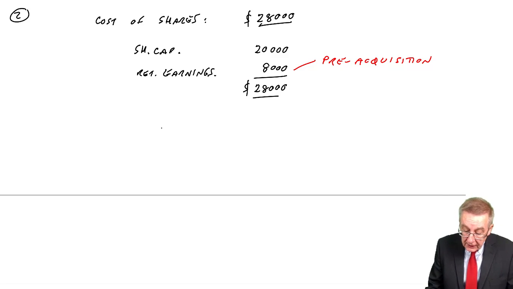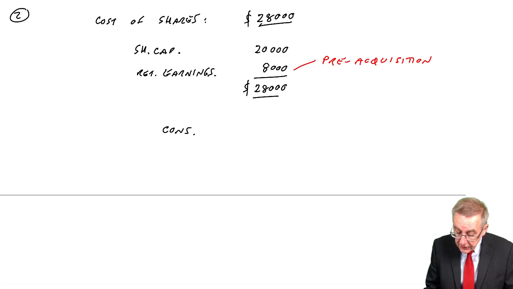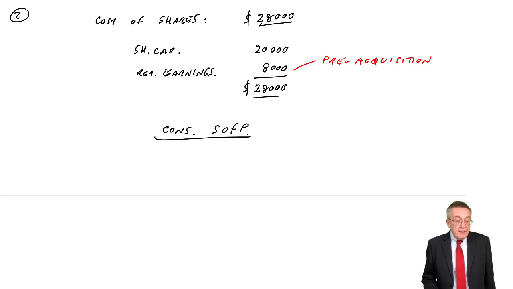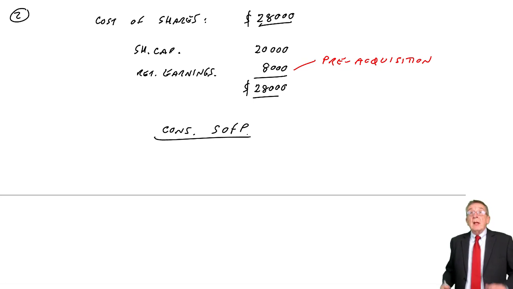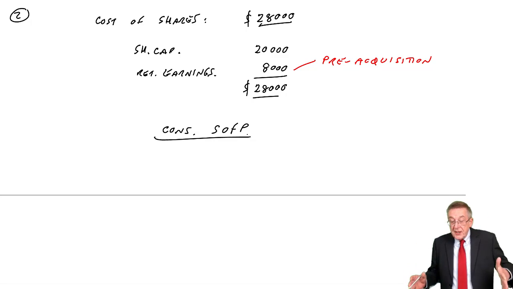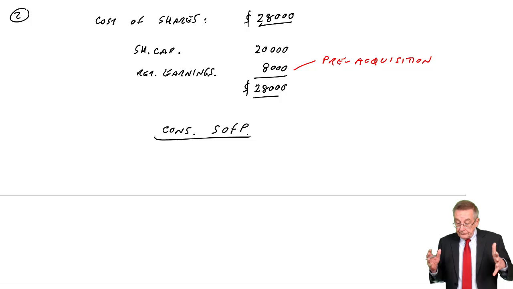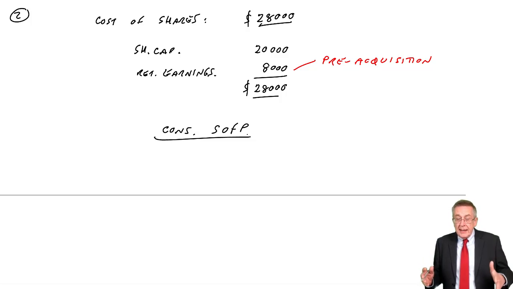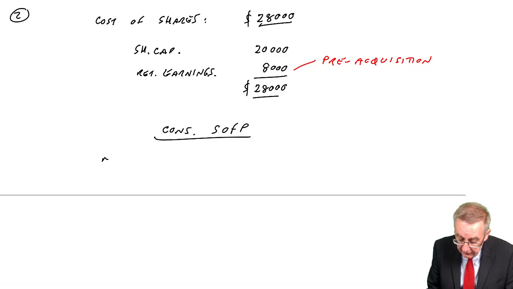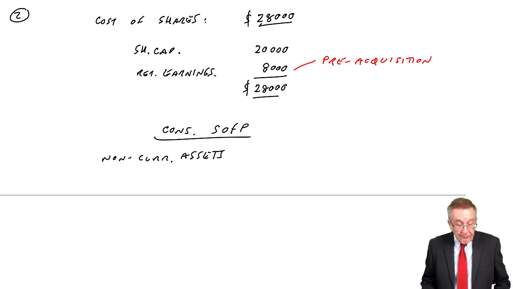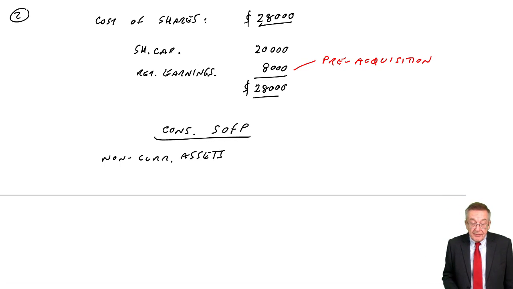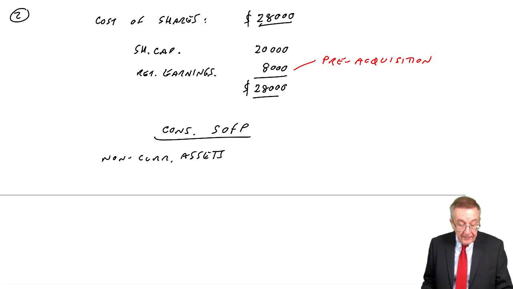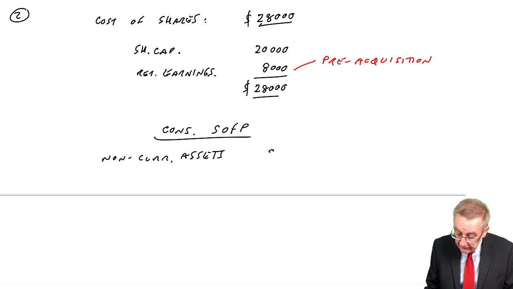Now let's do the consolidated statement of financial position. And very much like before, produce it as though it's one big company, and so non-current assets we simply add up. 55 in P, 25 in S, so a total of, what is it, 80,000?